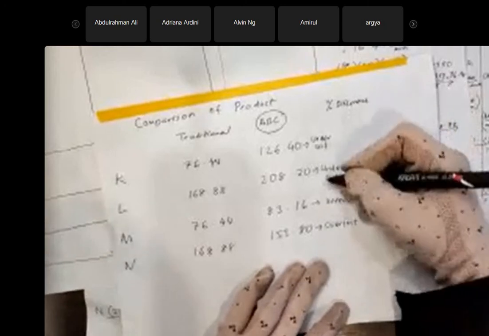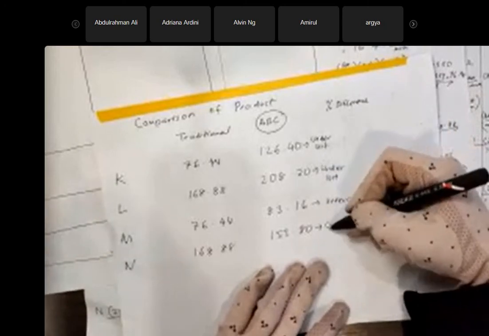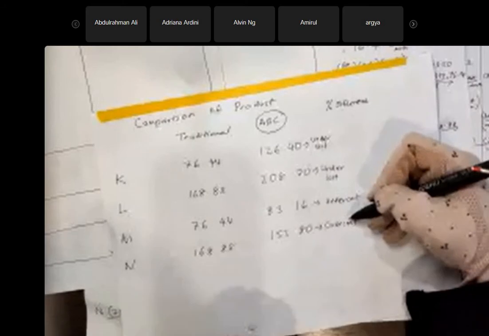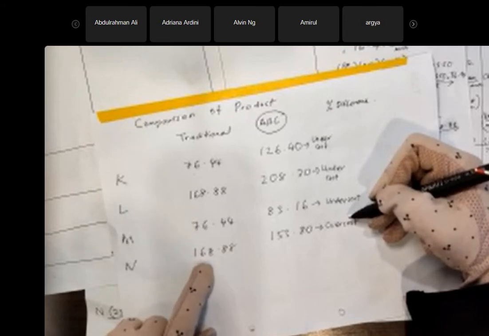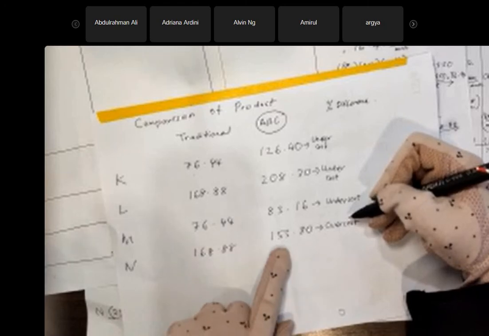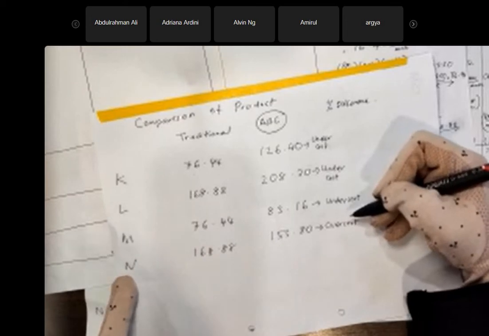So you can see there is one that is under cost and one that is over cost. That means it covers the unnecessary things. And if you use the traditional approach, actually only 153 for each product.